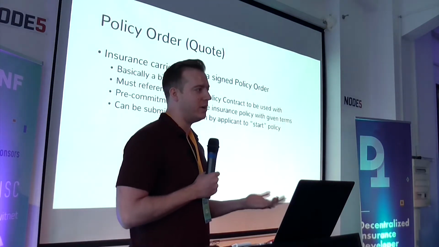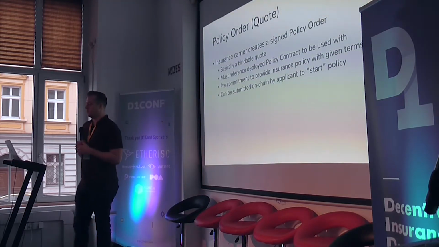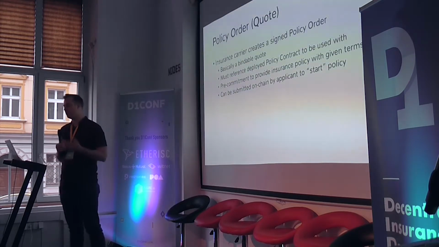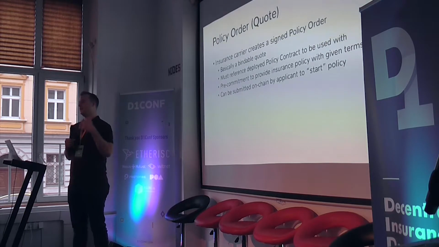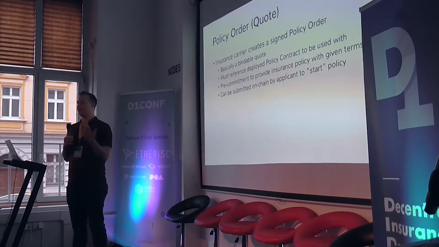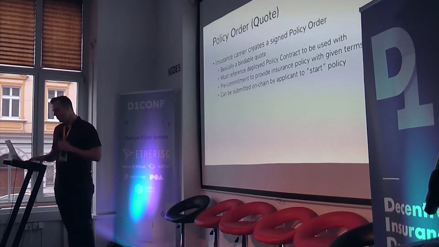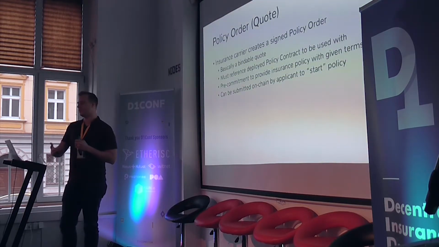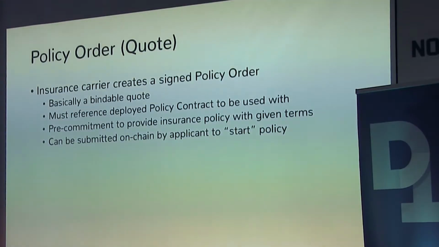They'll give you a number, but that might not actually end up being what your premiums are, or what the coverage that you're actually included is. And with this concept, it's essentially a pre-commitment on behalf of the carrier that they agree to these terms at this specified rate, and everything is basically signed off by them before it gets returned back to the applicant. And in turn, the applicant can then submit that on-chain to start the policy.